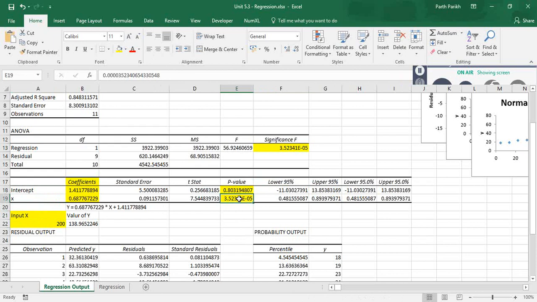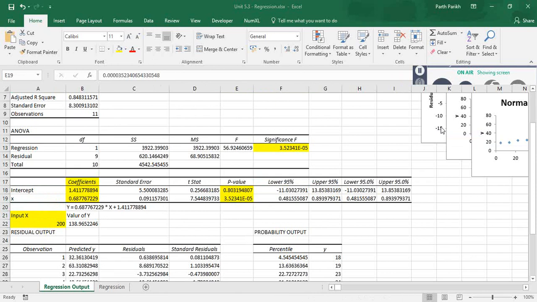So over here we have to clearly define: if its value is less than 0.05, then that particular variable is perfect. If it's more than 0.05, then in the regression we may want to eliminate that particular variable. So that's the linkage between significance F and p value of an independent variable, which is over here x.